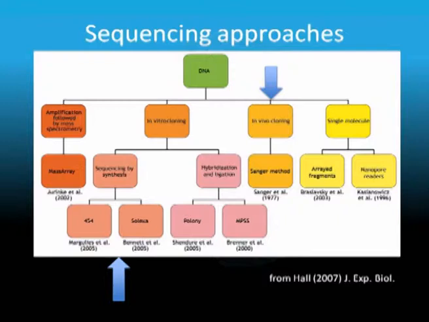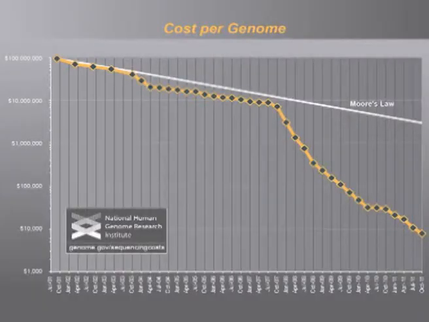There are different methods, but these are just to give you an idea of the general approaches. Another thing which has been quite striking in this field is the decrease in cost. In about 10 years, as you see, cost per genome went from about 100 million to a few thousand dollars. So things are decreasing pretty fast. And you see the same thing for the prices of raw megabase sequencing.